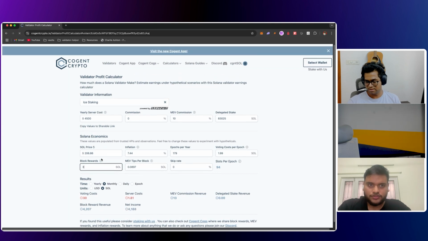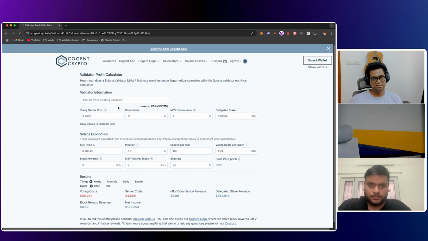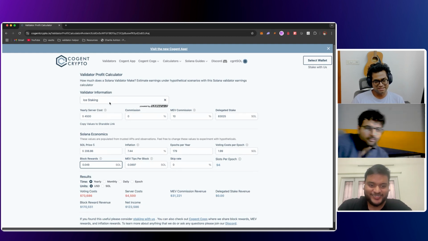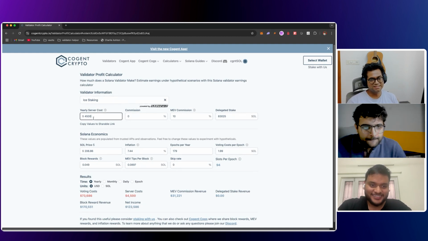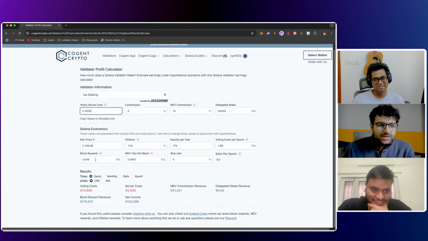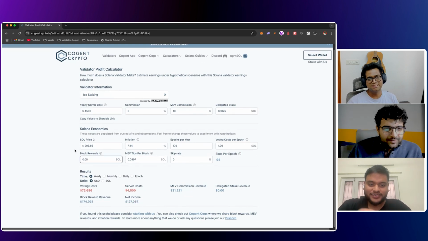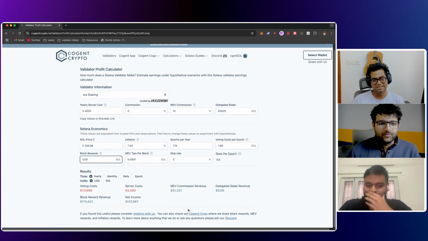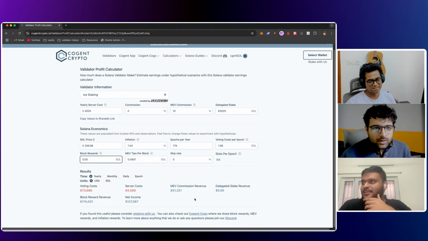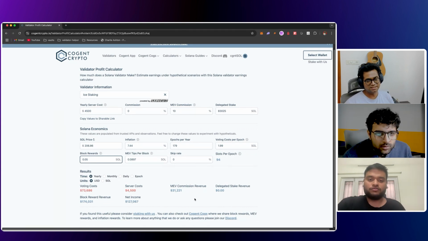Block reward is zero for some reason. Something is wrong with the calculator. Oh, something is broken because it's saying I'm making zero money. We were figuring out we can use this thing. This is a profitability calculator for validators.